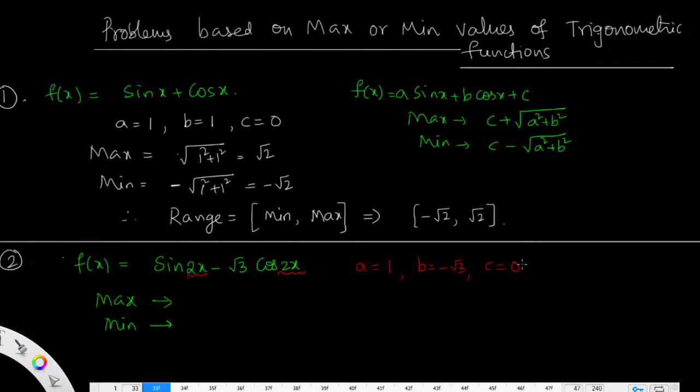What is the maximum and minimum value of the given function sin 2x minus root 3 into cos 2x? Compare with the type 3 formula: c plus root of a square plus b square and c minus root of a square plus b square.